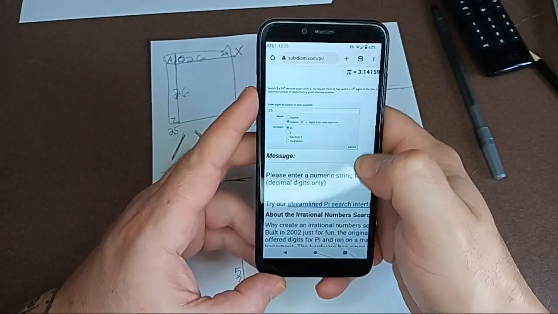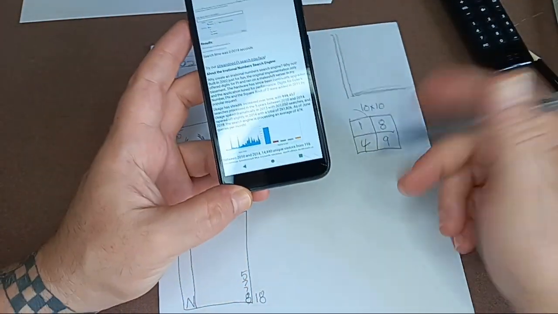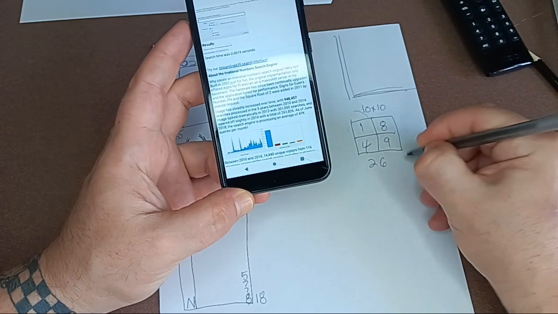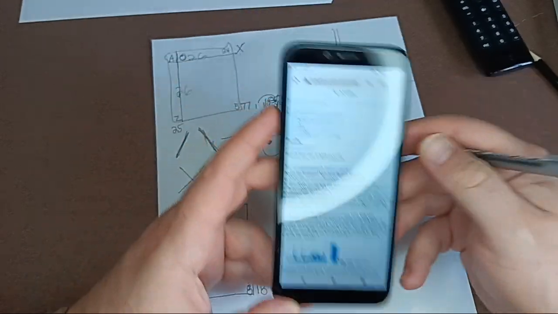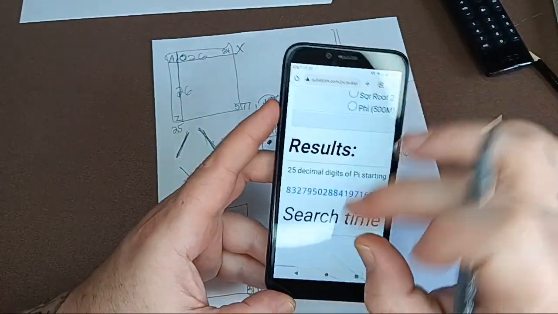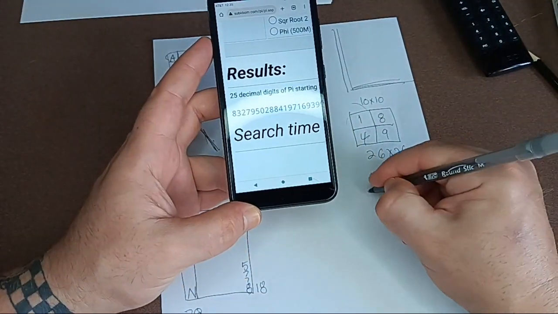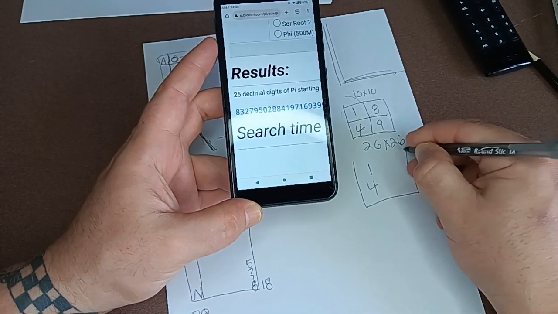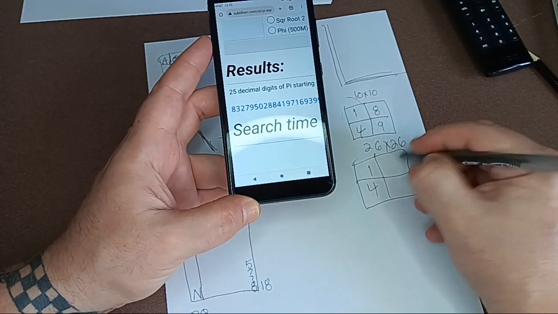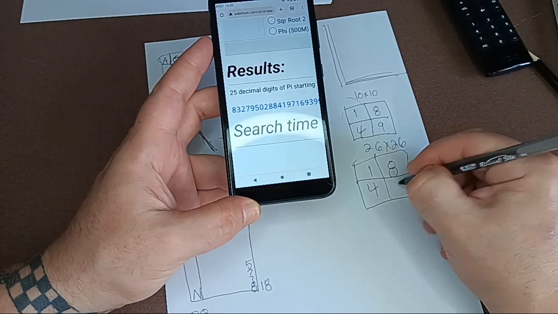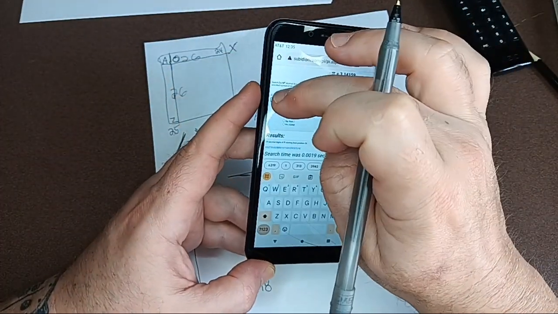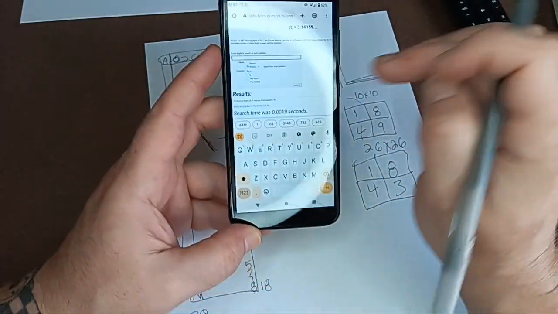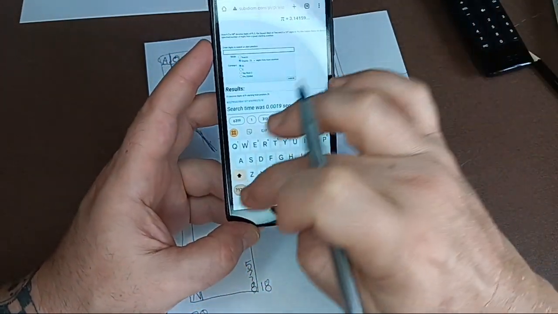Display 25. Cell in 26 by 26. It would be 1 4, 8 3. All right, then we have 38 in the other one, so it'd be 39.